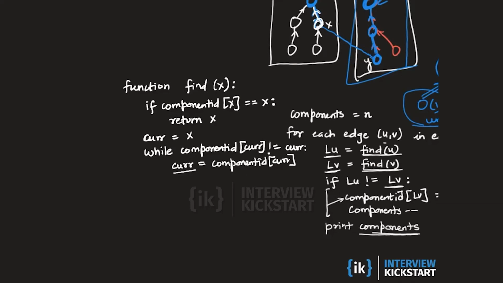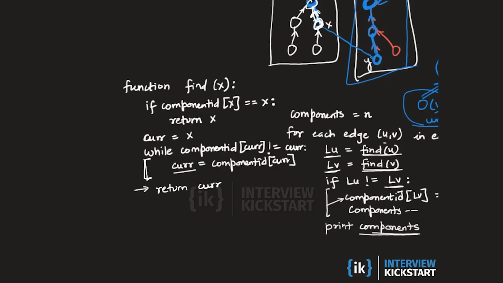So this is equivalent to starting from x and taking a step up to go to the parent of x, and we keep doing that. We go on walking up to the parent as long as we see that the current vertex we are at is following a different vertex. And when we exit the while loop, we have reached a vertex who is following itself, and so at that point we can return the identity of that vertex to be the leader of the component to which x belongs.